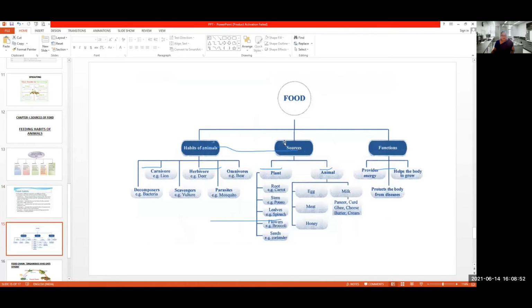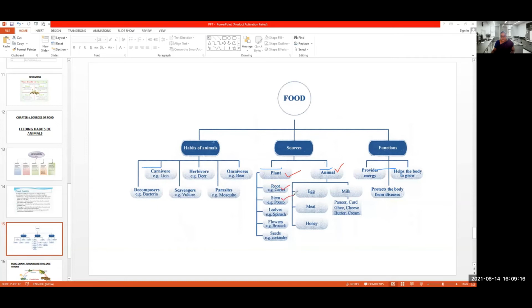Next, coming to the mind map of the whole lesson. What we have seen is that food is divided, just temporarily like this, into habits of animals, sources of food, and functions of food. If you take the sources of food, there are two things: plant and animal. Under plant, root is carrot.